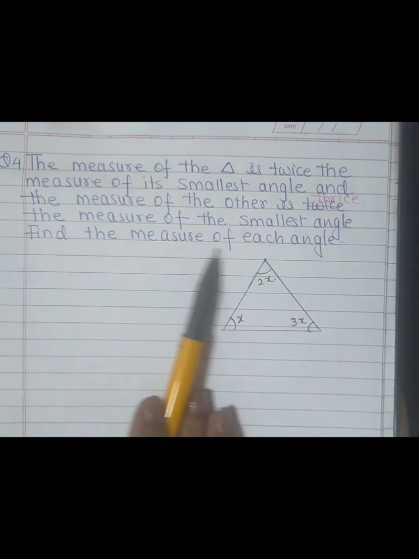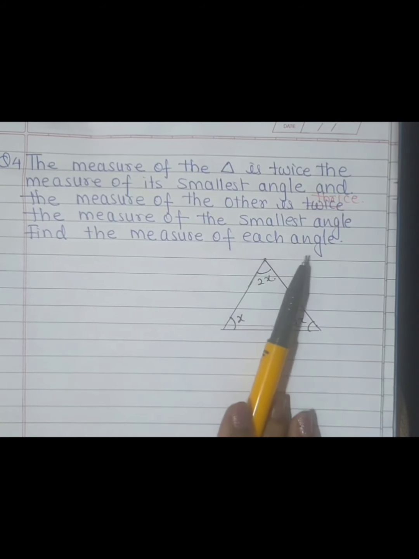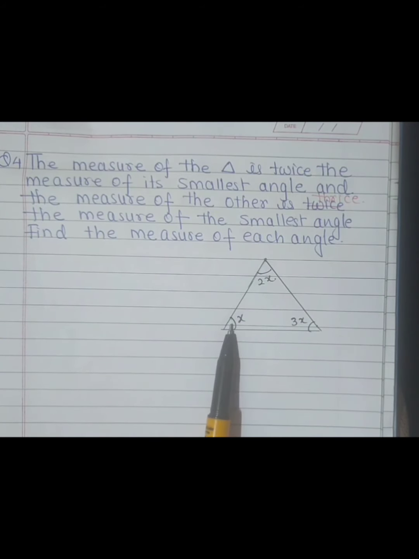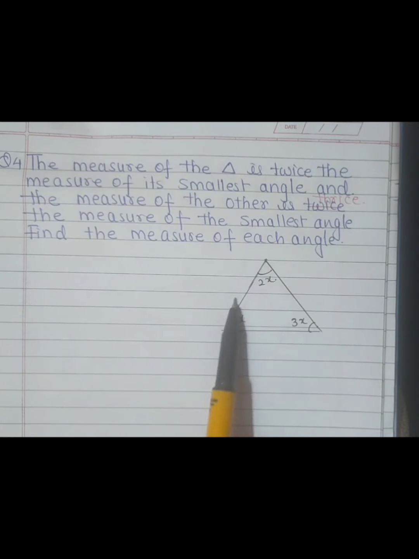So find the measure of each angle. As you can see, the figure is given here, triangle with angles x, 2x and 3x. We have to find the measure of each angle. So we'll start with the solution.